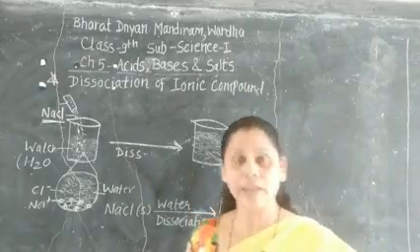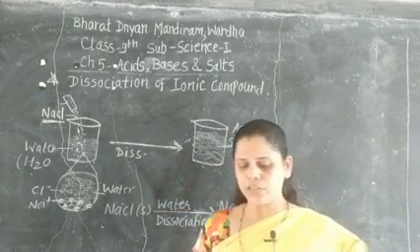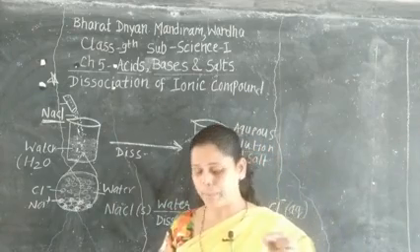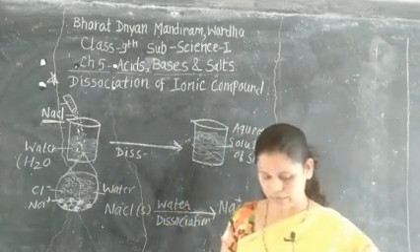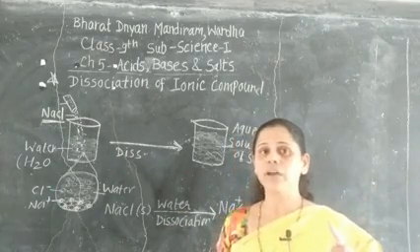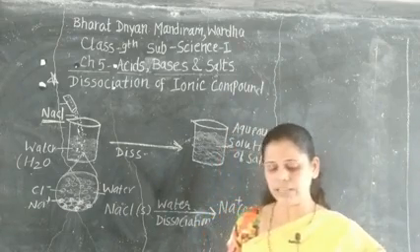Next is the Arrhenius theory. What is the Arrhenius theory? The Swedish scientist Arrhenius put forth the theory of acid and base. According to the Arrhenius theory, as I explained in my previous lecture where I gave the definition of acid and base, let's see again.